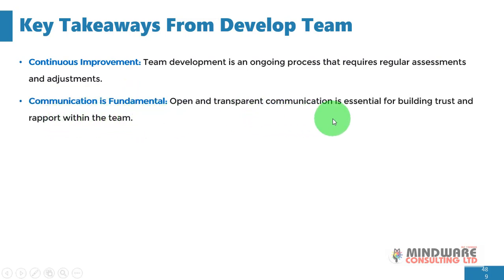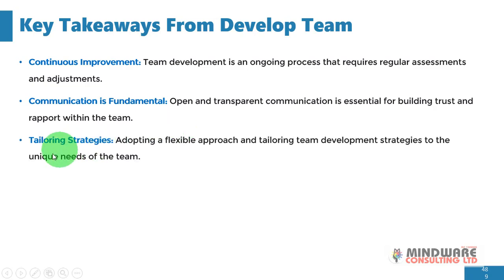Open and transparent communication is essential for building trust and rapport within the team. Right? Very important. Tailoring strategies. Adopting a flexible approach and tailoring team development strategies to the unique needs of the team. Okay, so this is very important.